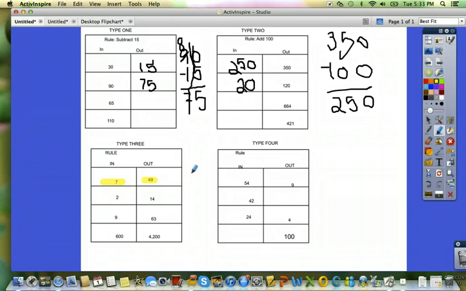Okay, well, let me think about that. 2, 4, 6, 8, 10, 12, 14. That worked. Okay. Let me just double check one more time. 9 times 7 equals 63.